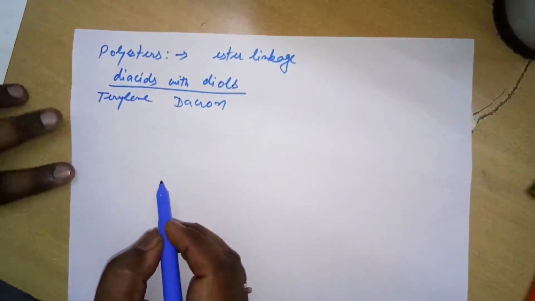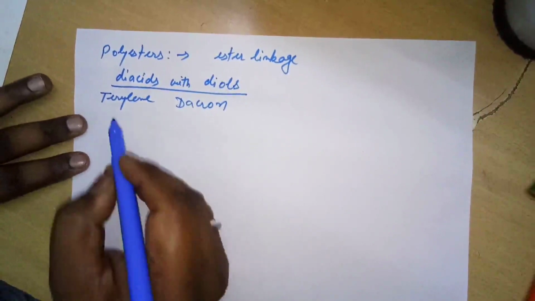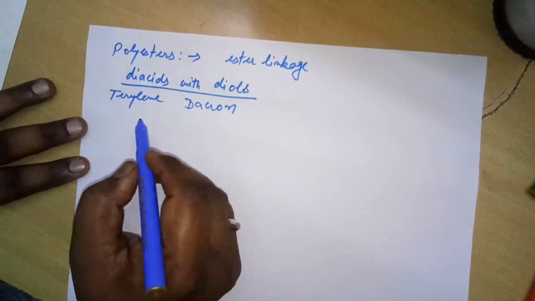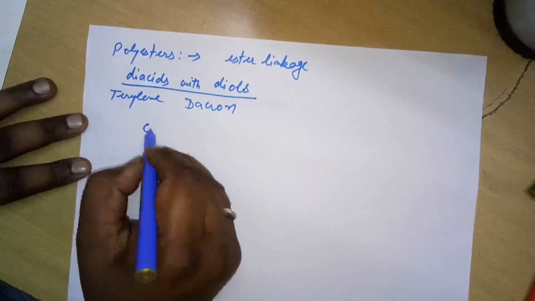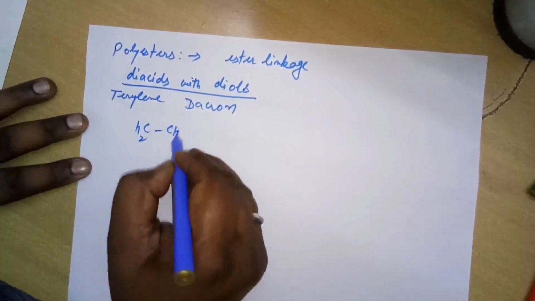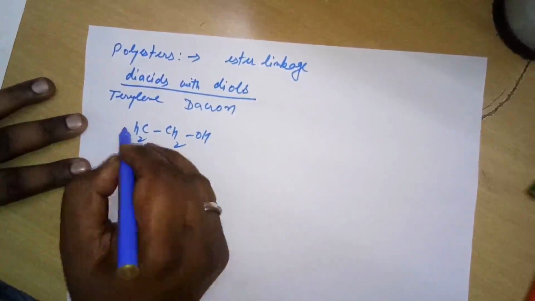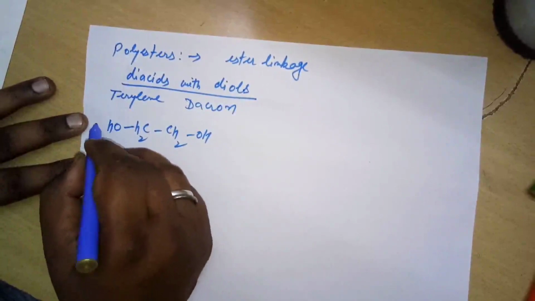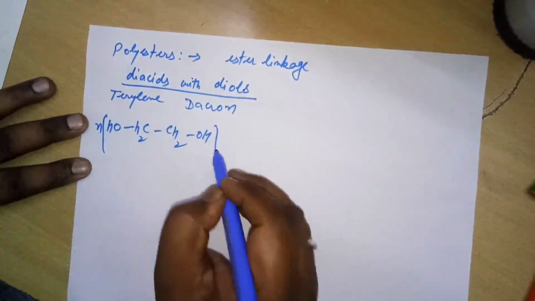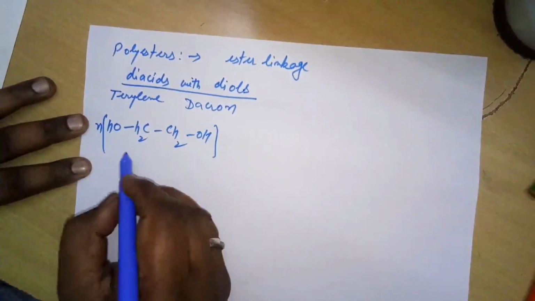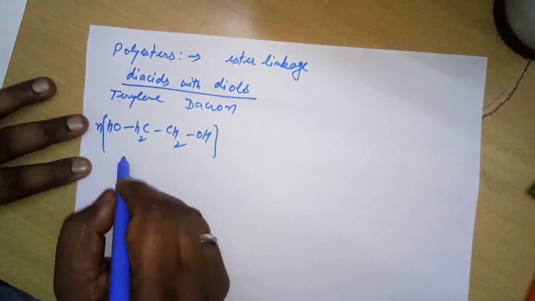In the preparation of terylene, we take two types of monomer unit. One is ethylene glycol. This is ethylene glycol molecule. It is also called ethane 1,2-diol.